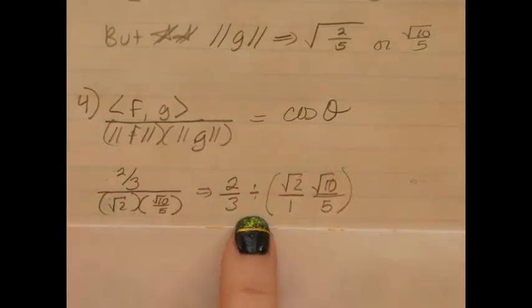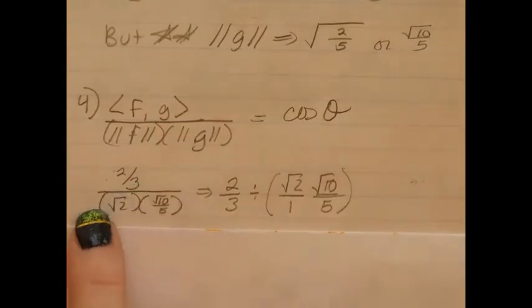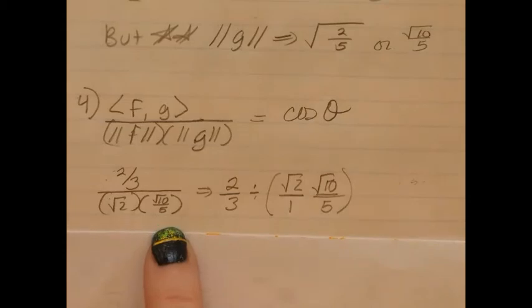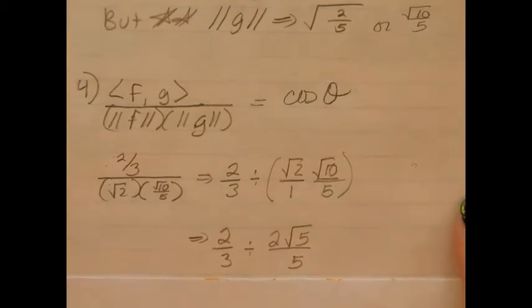And the hardest part for a lot of students is not the calculus, it's doing the algebra. Just understand, take it easy, go really slow. I inputted all my values for the dot product, the length of f, the length of g. And it's just, again, remembering how to do fractions and doing the algebra.